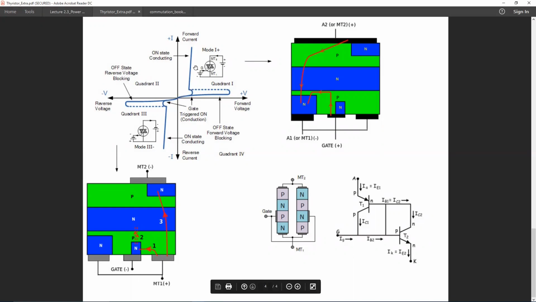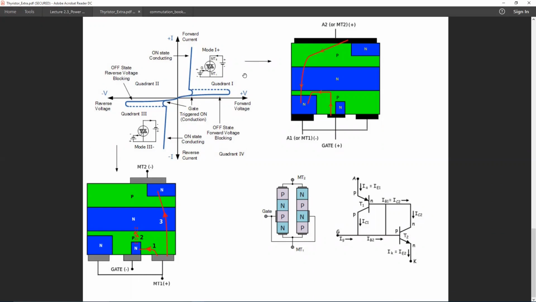The first one will conduct in quadrant 1 and the second one will conduct in quadrant 3. The triac can conduct in quadrant 2 or quadrant 4, but this isn't normally done. The normal operation of a triac comprises quadrant 1 and quadrant 3.